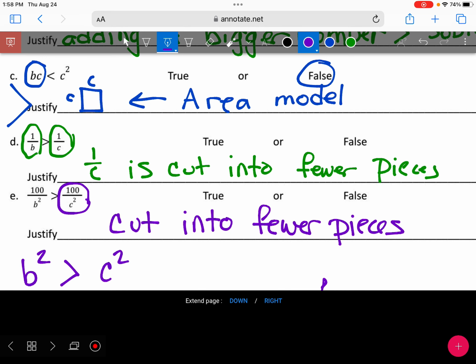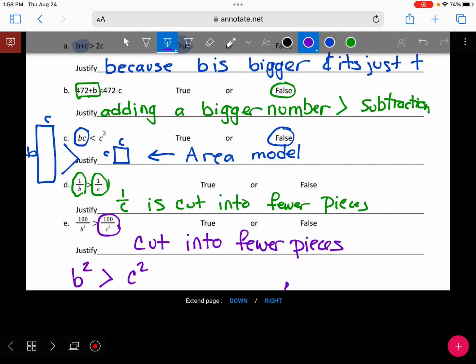So it's not necessarily about specific values. You could absolutely substitute in a value. 100 over 10 squared. 100 over 100 is 1. 100 over 5 squared. 100 over 25. That's 4. 1 versus 4. So you can do this other ways. You can do this testing values.